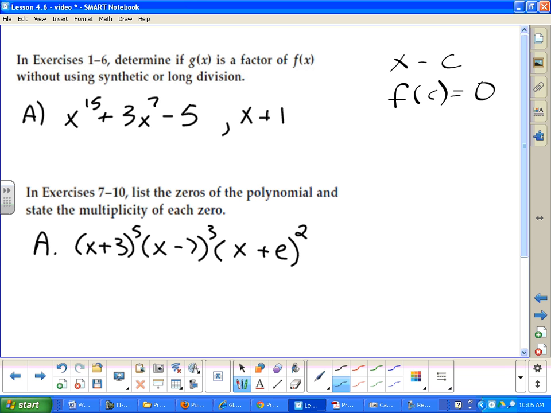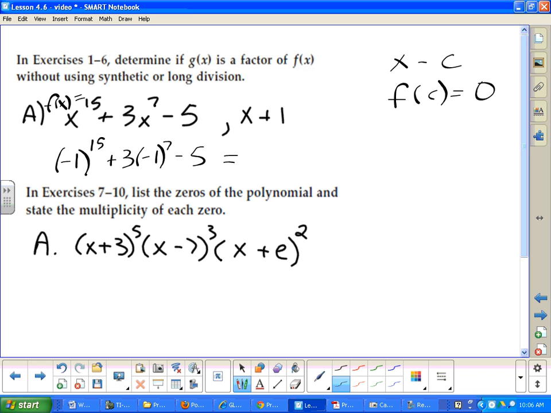So here we have example A: x to the 15th plus 3x to the 7th minus 5 is our function, and I forgot f of x, so f of x equals that. And they want to know whether x plus 1 is a factor. So what I'll do is put in -1 for x and simplify it.